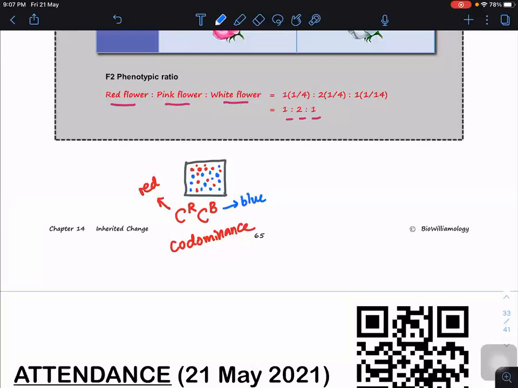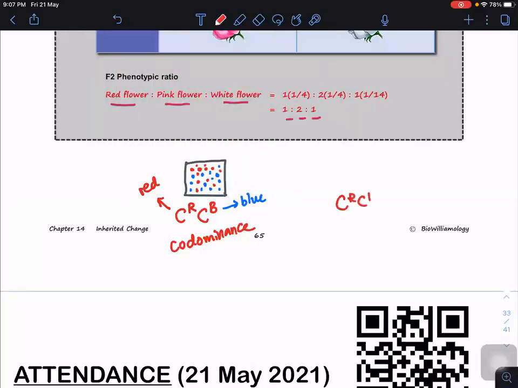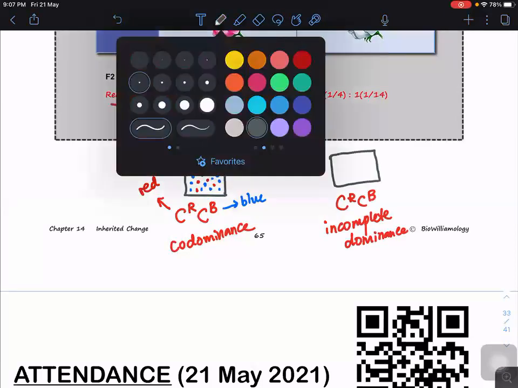Are you clear? But if it's incomplete dominance, CR CB, in this case you won't get both pigments. If you look at the cells, you will only see a purple color.